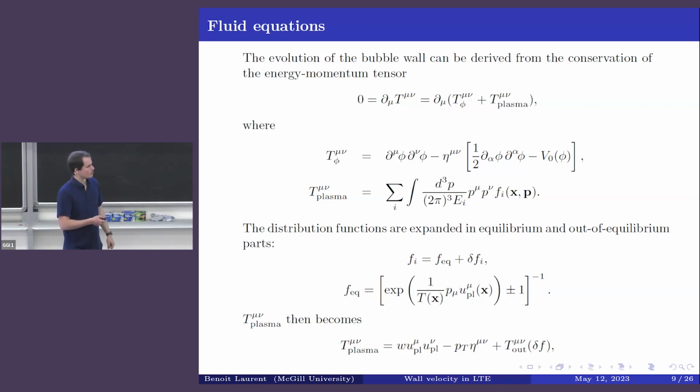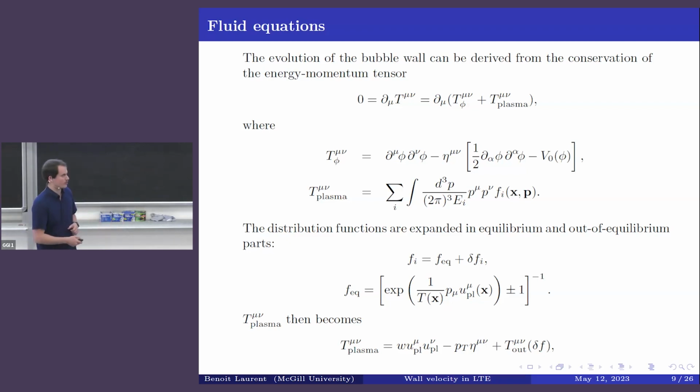So typically what we do now is expand this f into an equilibrium part plus some deviation from equilibrium, delta f. And the equilibrium part is simply the usual Fermi-Dirac or Bose-Einstein distributions. But here, something special that we do is that we allow the temperature and plasma velocity to depend on the position inside of the wall.